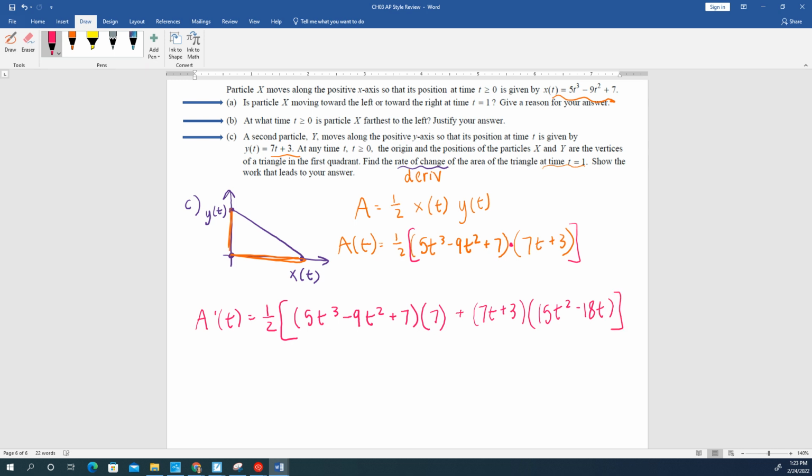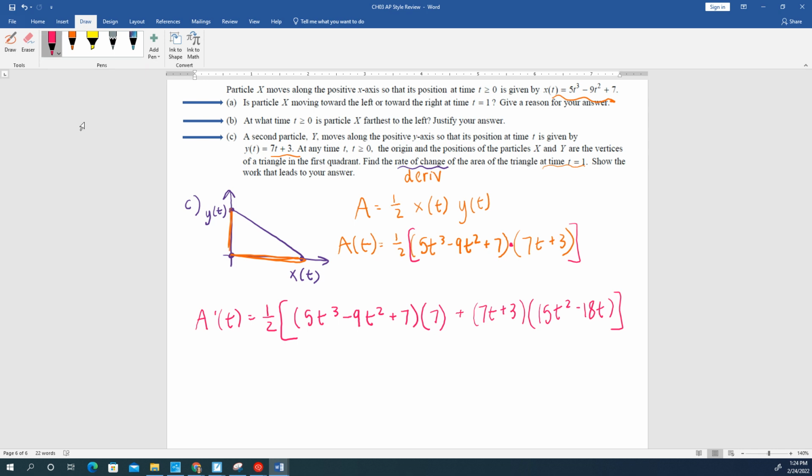Okay. Now, honestly, guys, I wouldn't go any further with the algebra because we want the instantaneous rate of change, so we have to plug in 1 for time. So if it's easier for you to just start plugging in 1 to everything, I think that'd probably be easier than trying to multiply this out.